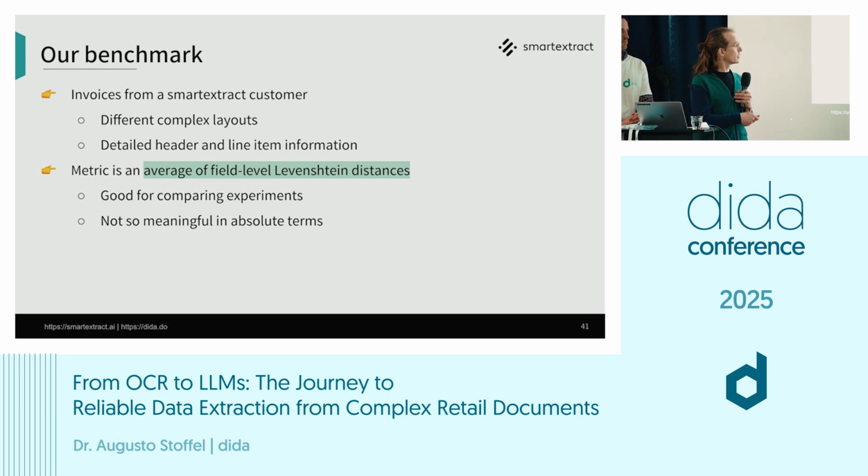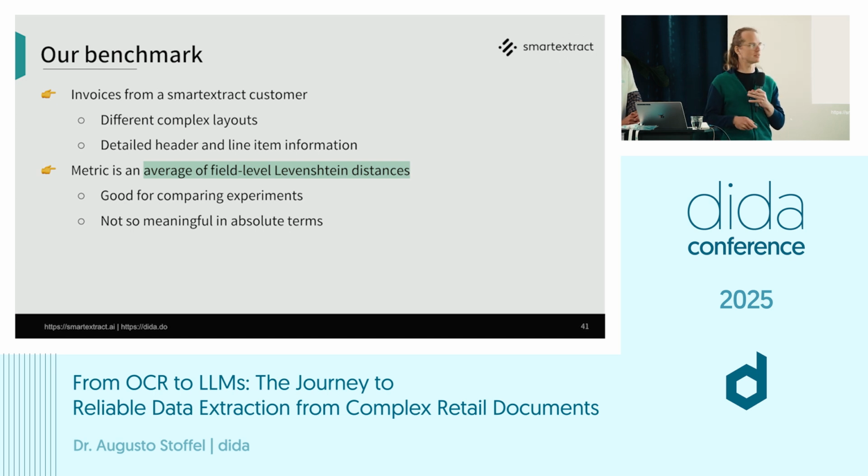And the metric, okay, I don't want to talk too much about it. The metric is just some average of Levenshtein distances between the ground truth and the extracted data. It's some numbers that are meaningful when you want to compare one experiment with the next. What the numbers mean in absolute terms, I would say not much.